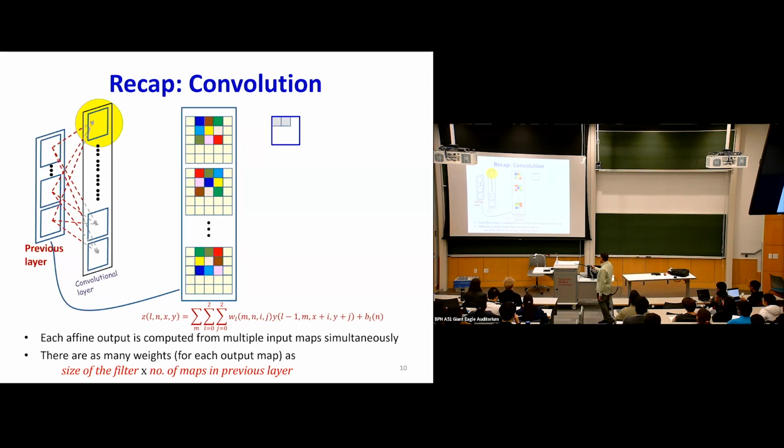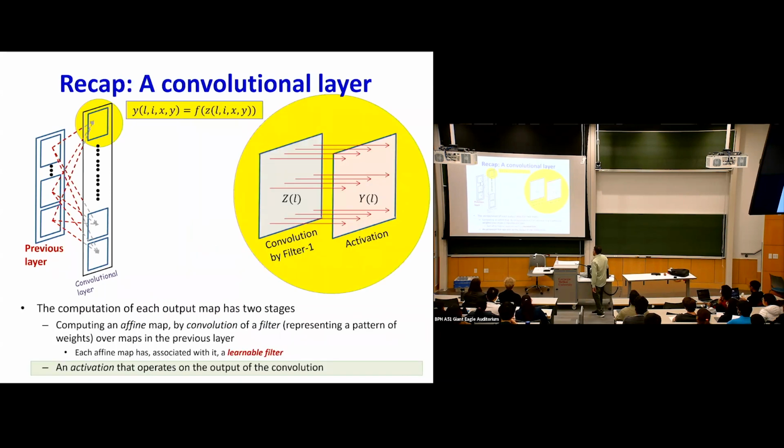You sum this over the face, which is the inner summation, and then you sum it across all of the maps, which is the outer summation. There could be an additional bias, and this computes the affine value. You do this at every position, scanning the input in order to compute the output. And once you have computed this affine map for any filter, you apply a pointwise activation to compute the final activation map for that channel.